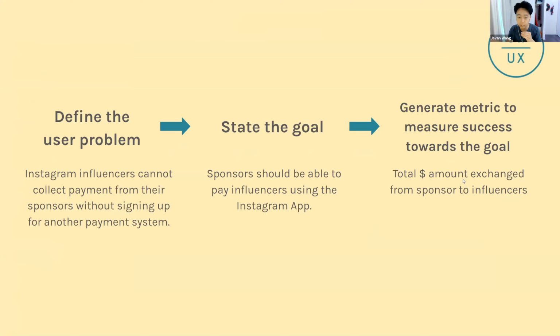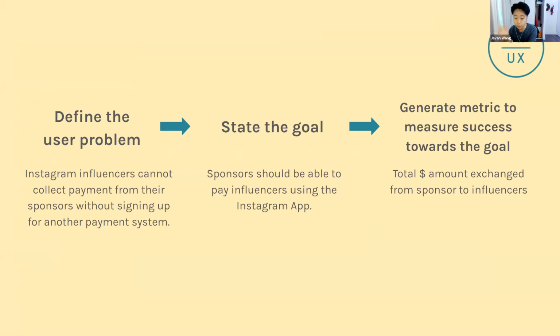So the reason why just measuring the raw quantity of influencer and sponsor pairs may not be the best idea is because some sponsors may only want to sponsor one to two influencers, but pay them a lot of money to do a lot of advertising. So some sponsors may want a quality over quantity approach.